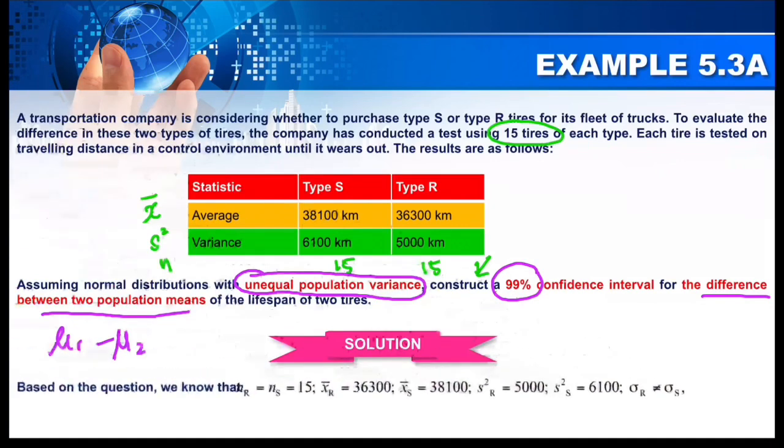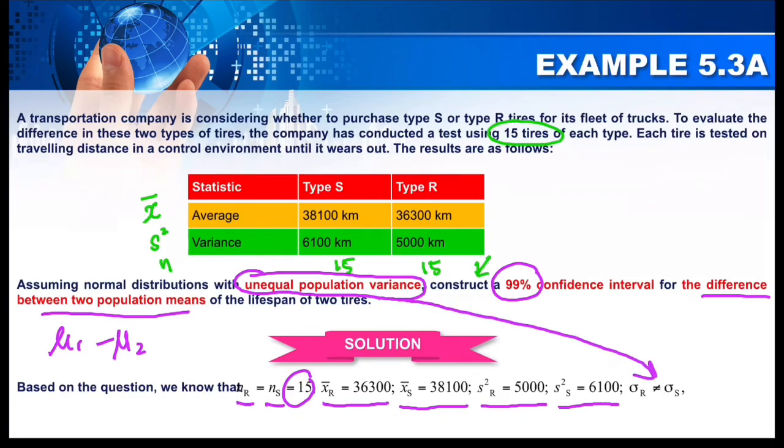We know that sample size is 15, the average Type R, average Type S, variance Type R, and variance Type S, and unequal population variance, sigma 1 square not equals to sigma 2 square.